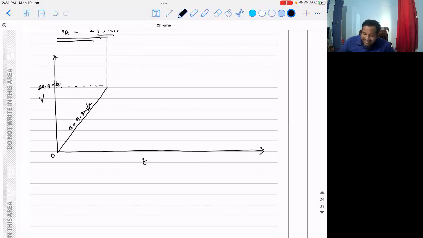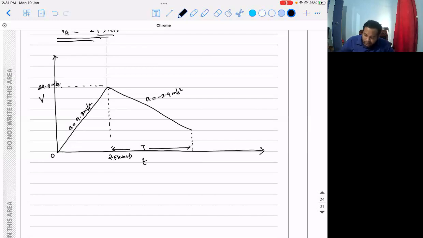Here the acceleration is 9.81 meters per second squared, uniform acceleration. This time is 2.5 seconds. Then it decelerates up to a time t, with an acceleration of minus 3.9 meters per second squared.